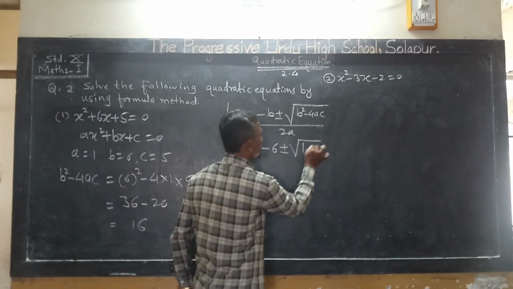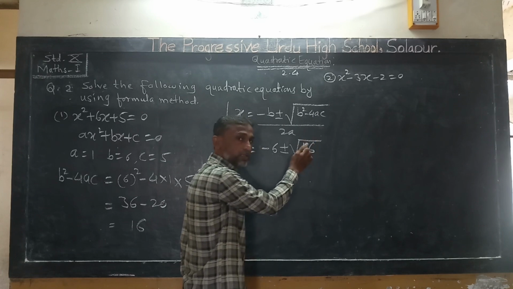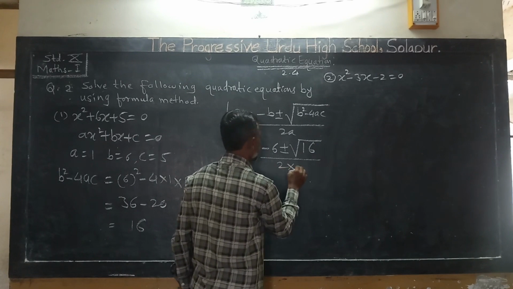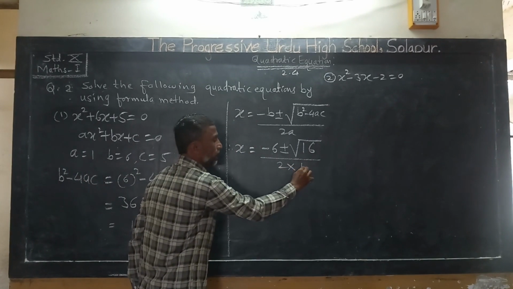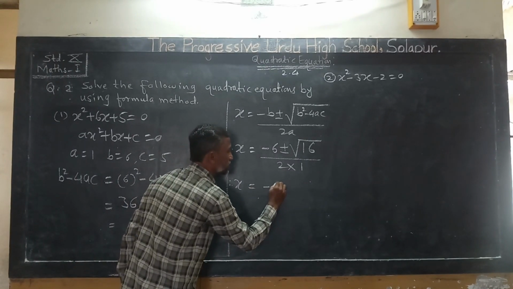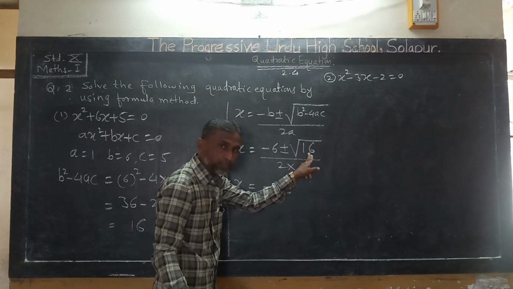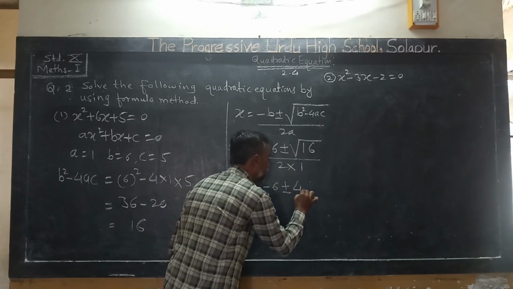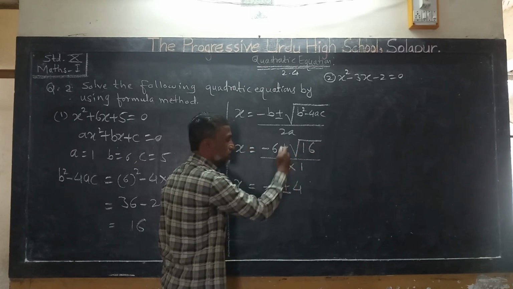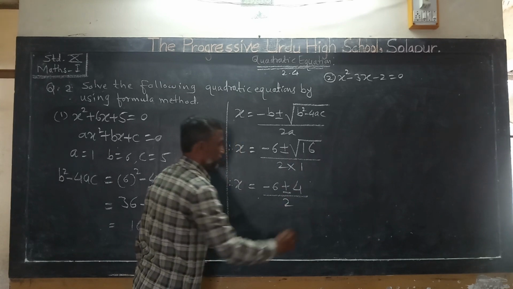Write here 16 upon 2a, 2 into value of a is 1. Therefore, x is equal to minus 6 plus minus. Now, take the square root of 16, which is 4, because 16 is the square of 4. So, square root of 16 is 4 upon 2 ones are 2.